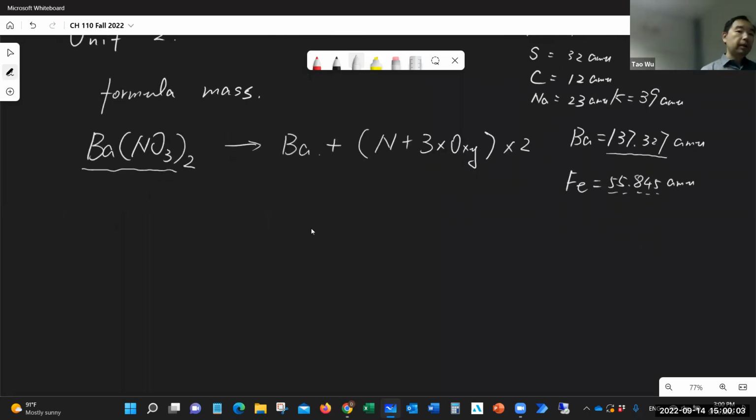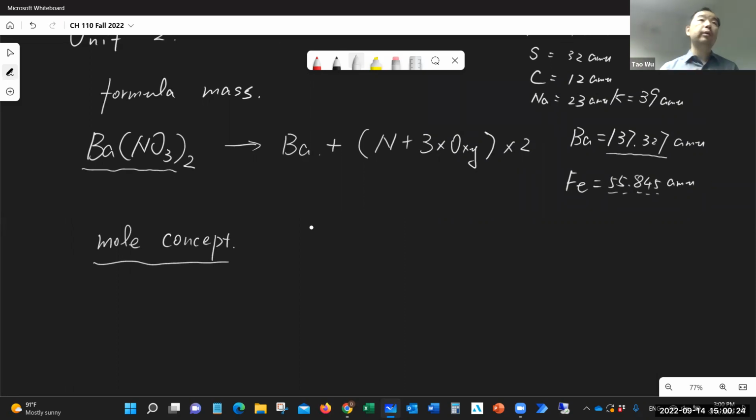So this is about the formula mass. The next one, we're going to talk about the mole concept. First, just to let you know, when we talk about formula mass, if you add the masses together, it's still really, really small.